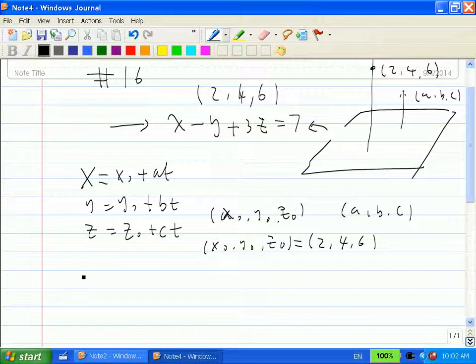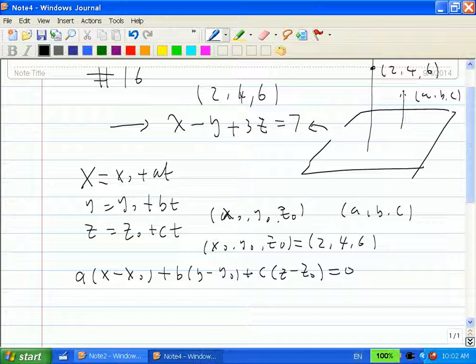In general, any plane can be written as a times x minus x naught plus b times y minus y naught plus c times z minus z naught equals 0. Here x naught, y naught, z naught is any point on the plane, and a, b, c is a vector perpendicular to your plane.